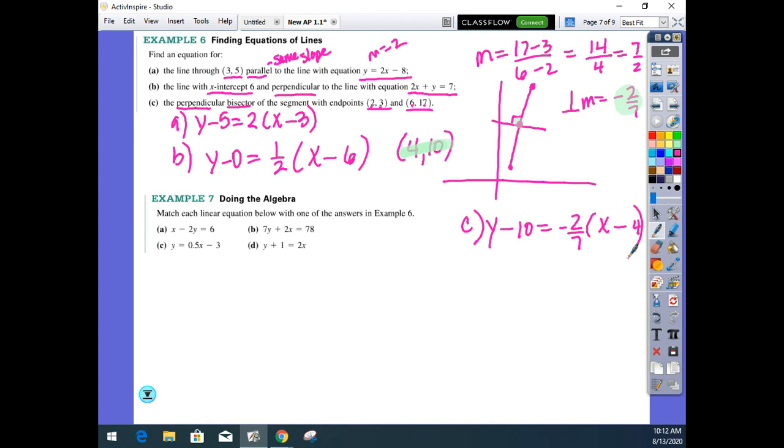In example 7, now that we've got all this up, it is just matching. What I'd recommend is maybe turning off the video and seeing if you can do your matches. What will this one turn into?